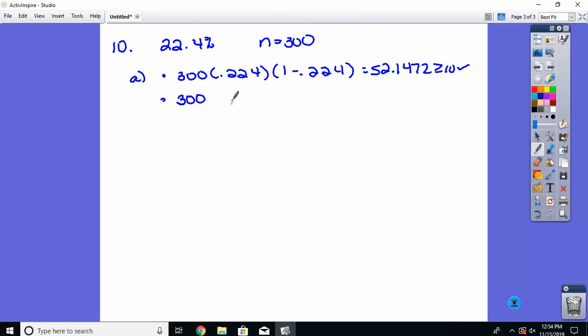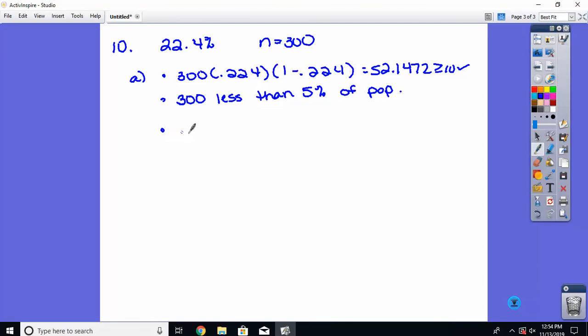Would 300 be less than 5% of all adult Americans? Don't just tell me, like on part A, don't just say N times P times 1 minus P is greater than 10. Actually show me that you're working it out and double checking it.